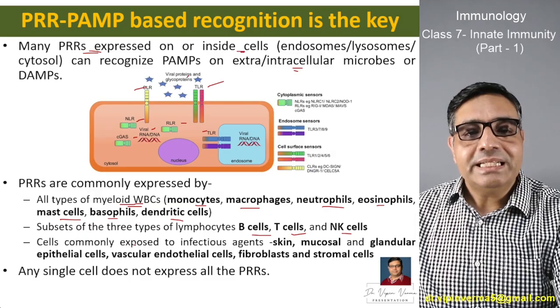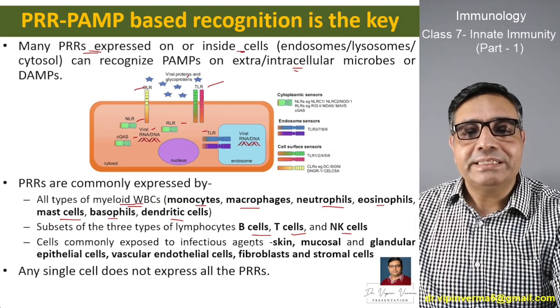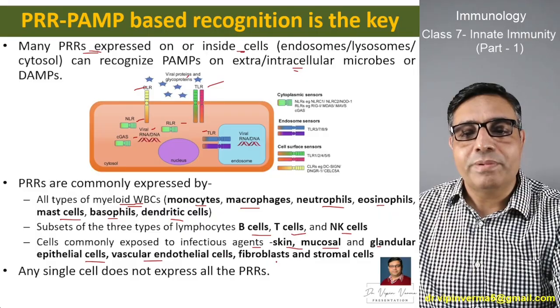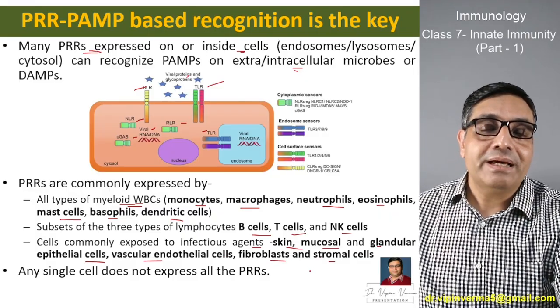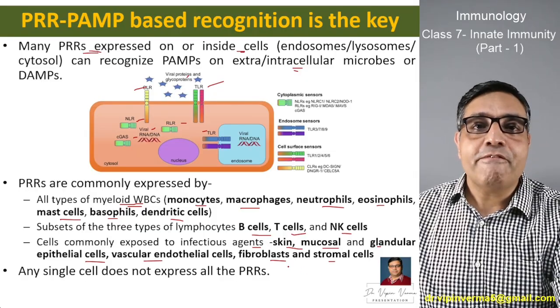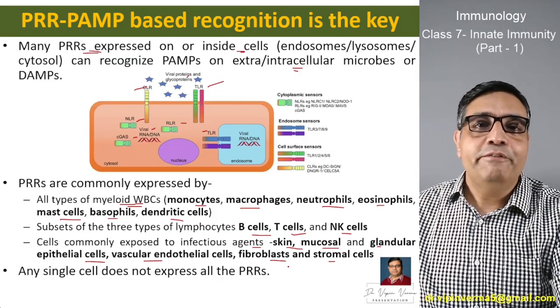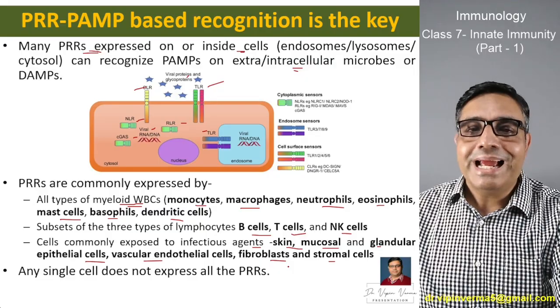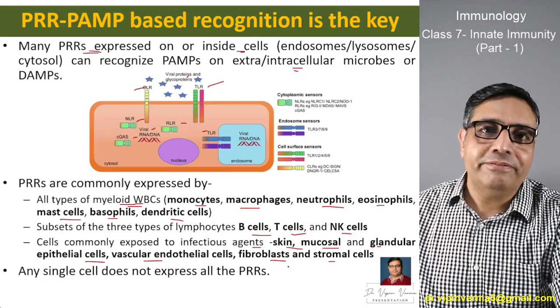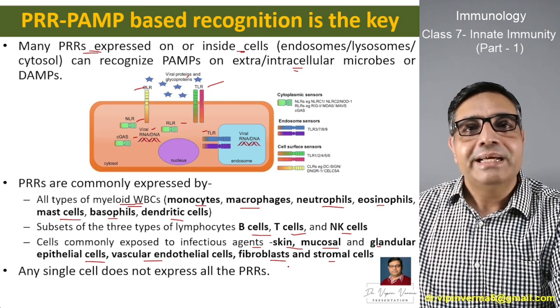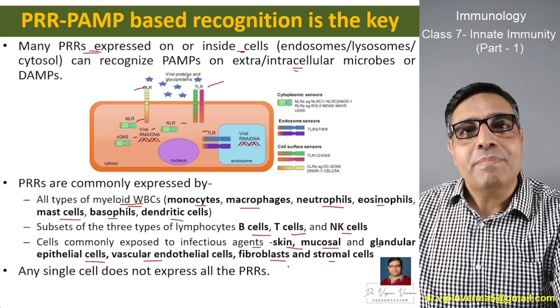Then some cells which are commonly exposed to infectious agents, for example skin, mucosal and glandular epithelial cells, vascular endothelial cells, fibroblasts and stromal cells, also express the PRRs. So you can see a wide variety of cells express PRRs, and their only aim is to catch the pathogen expressing PAMPs or MAMPs.